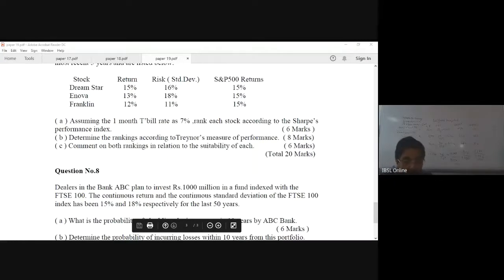Yes. 0.625, yes. Franklin's beta would be 0.625. Correct. Now you know the betas of Dreamstar, Innova and Franklin. Dreamstar's beta is 1. Innova's beta is 0.75. Franklin's beta is 0.625. So with that, you are in a position to calculate the Treynor measures for these three: Dreamstar, Innova, and Franklin.